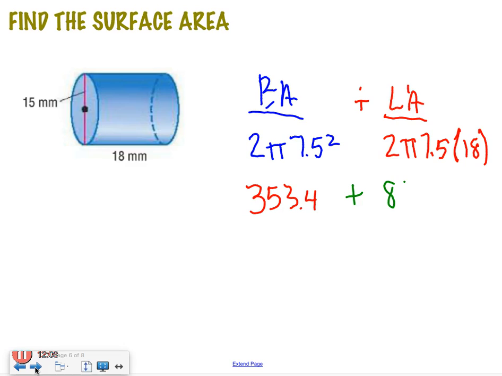Correct. We round on those. You can round, we do like 848. Sure. So our total surface area is approximately 1201. Is that fine?